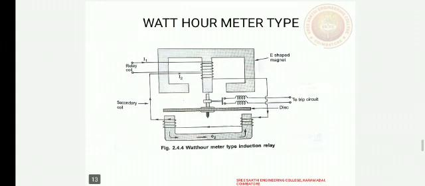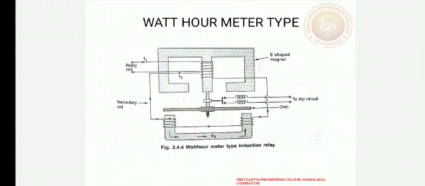Watt-hour meter type. It consists of two magnets, one E-shaped magnet and the other U-shaped electromagnet. The disc is free to rotate in between these two magnets. The upper E-shaped magnet carries both windings, primary and secondary.